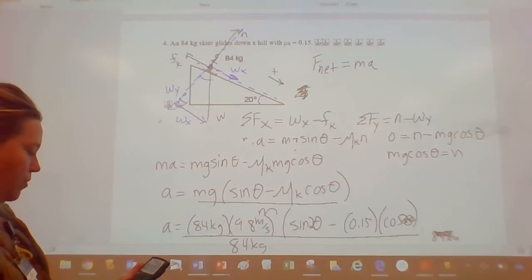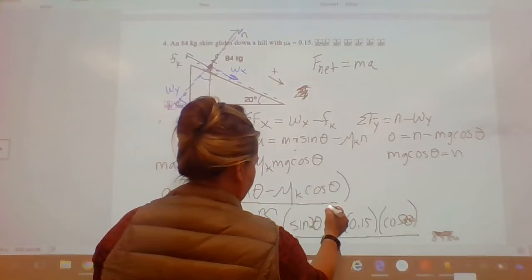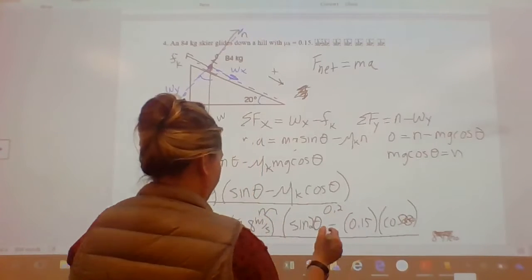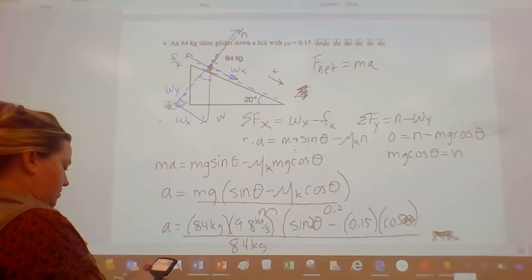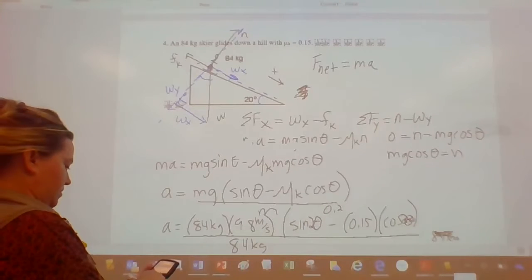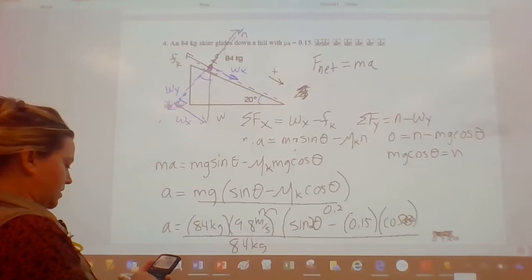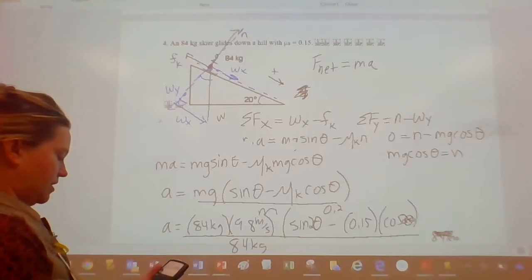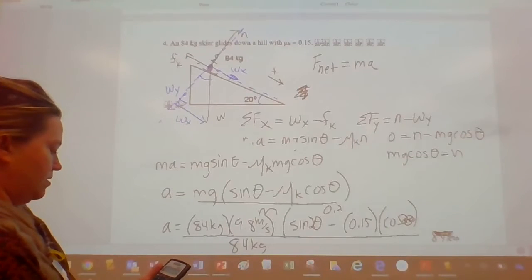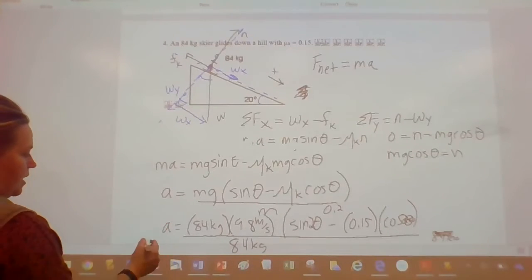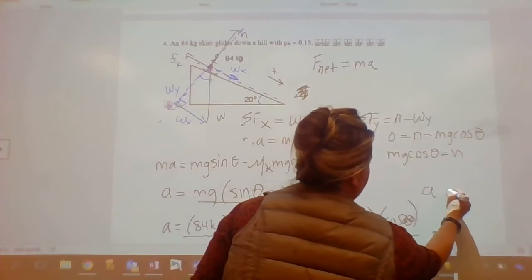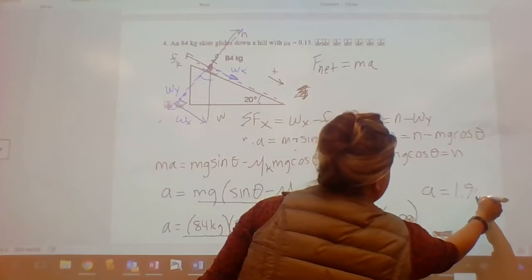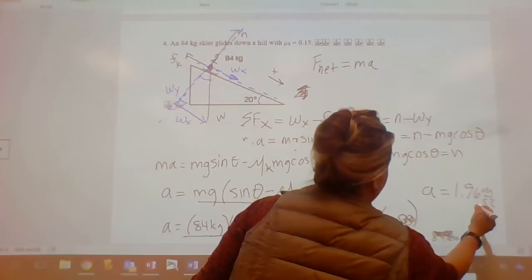So that's 0.2. So 84 times 9.8 times 0.2 divided by 84. 1.96. That's more like it. Awesome. So we get A equaling 1.96 meters per second squared.